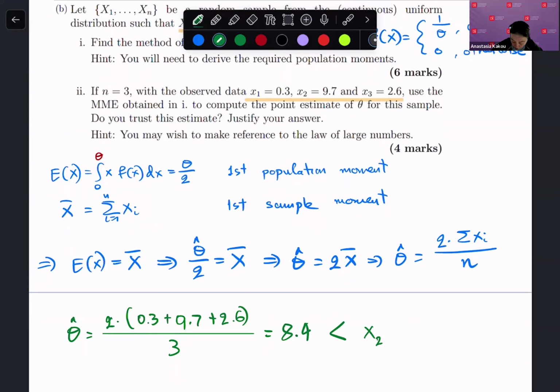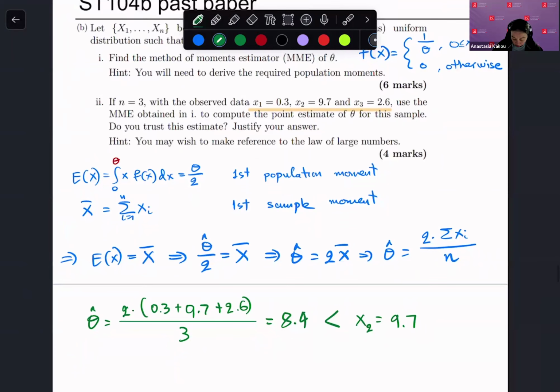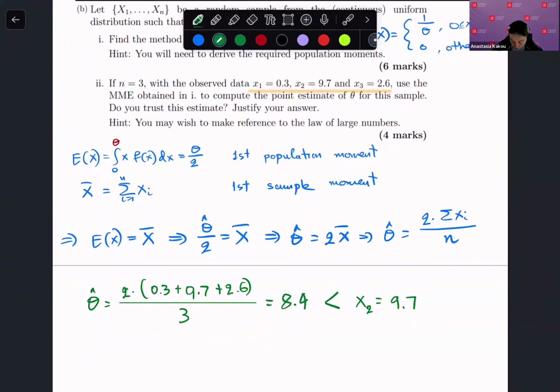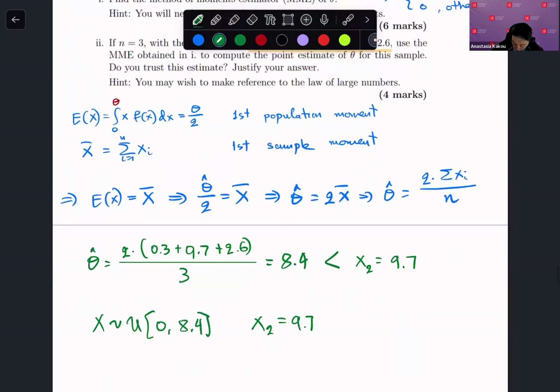So x2 is equal to 9.7. This is a contradiction. Because if that uniform is defined between 0 and 8.4, we cannot have an x2 which is 9.7. We cannot have an observation outside that range.